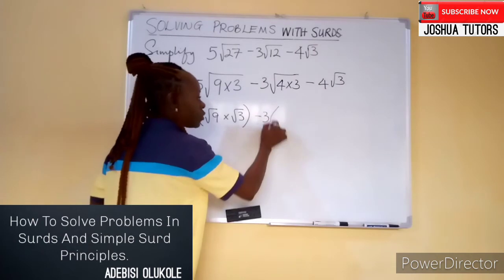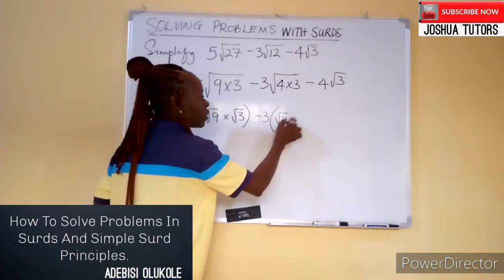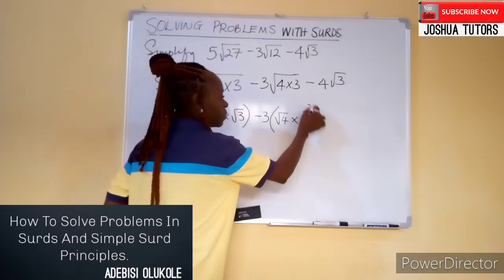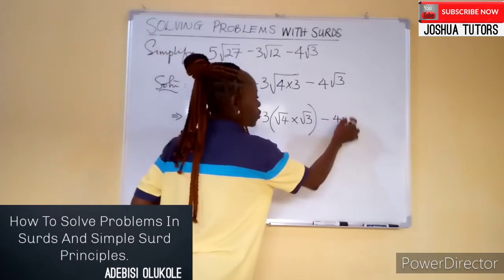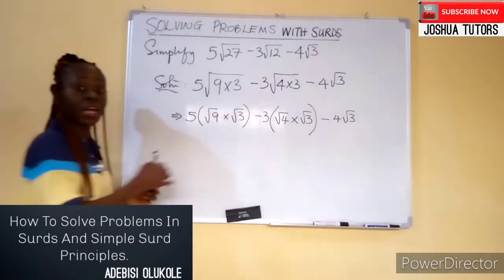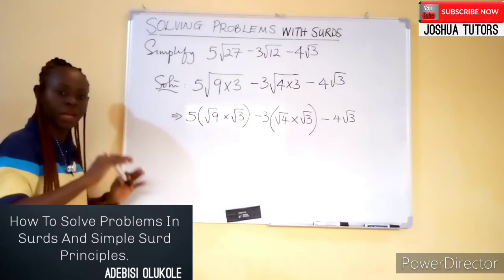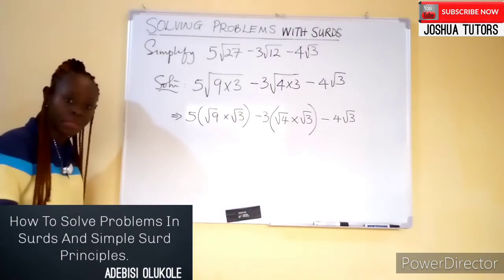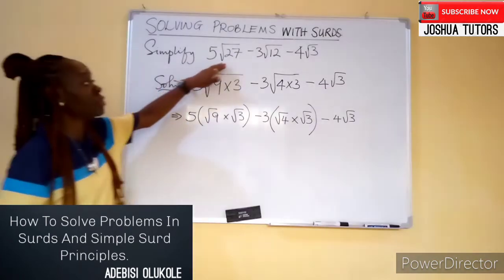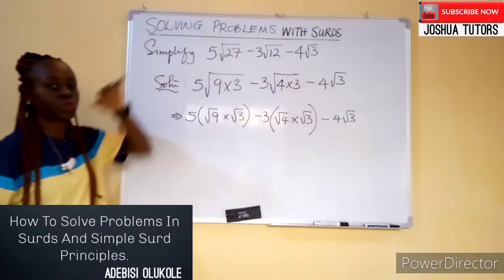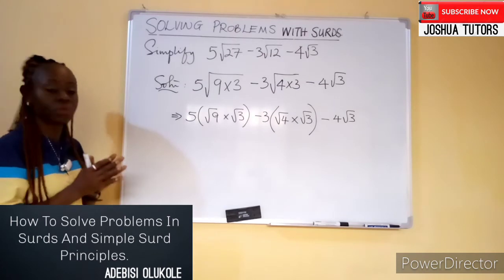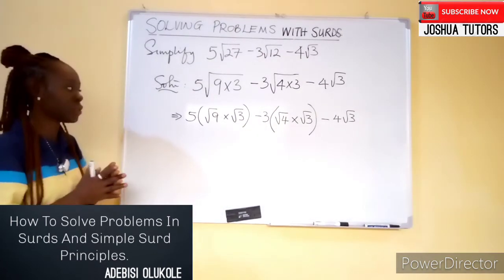Minus 3 into surd 4 times surd 3. Minus 4 surd 3. What I'm doing is that I'm gradually trying to bring each of these surd expressions to their basic forms where they can add or subtract. As it is in the original question, you cannot add or subtract them. You have to bring each of these surds to their basic forms.